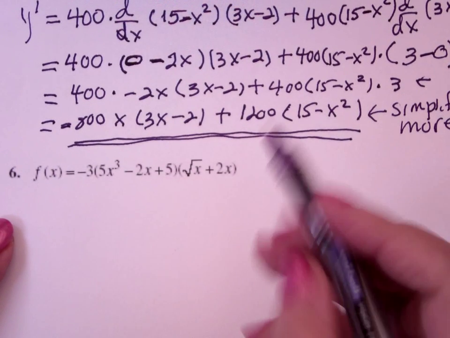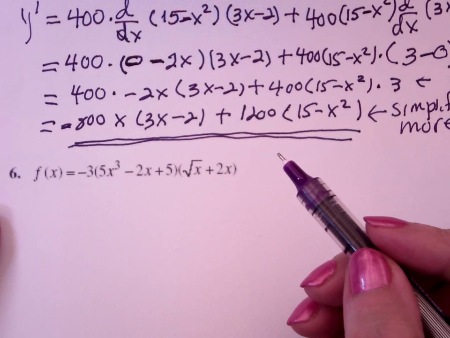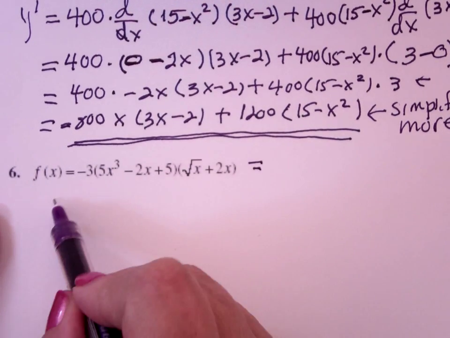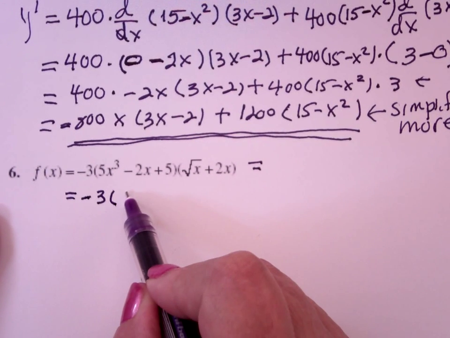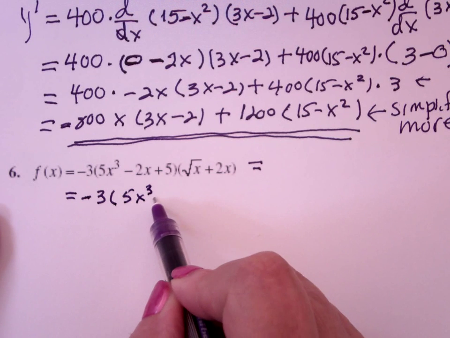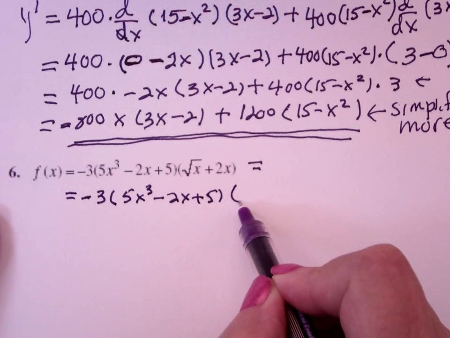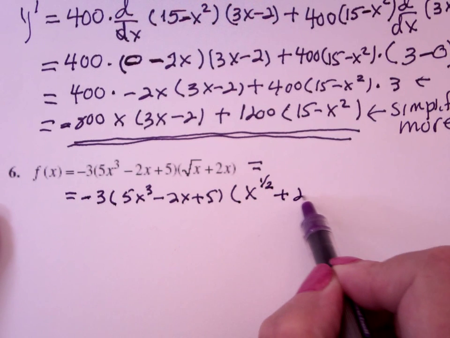So, I'm going to have to rewrite the square root. Remember what square root is? 1/2. So, I'm going to have to rewrite him. He is going to be negative 3 times 5x cubed minus 2x plus 5 times x to the 1/2 plus 2x.